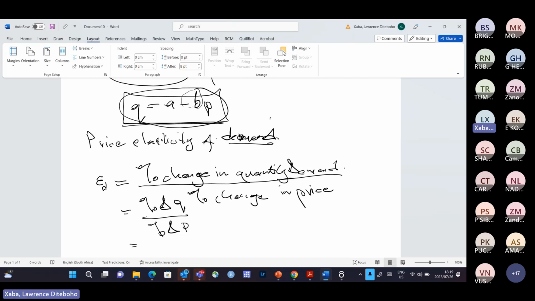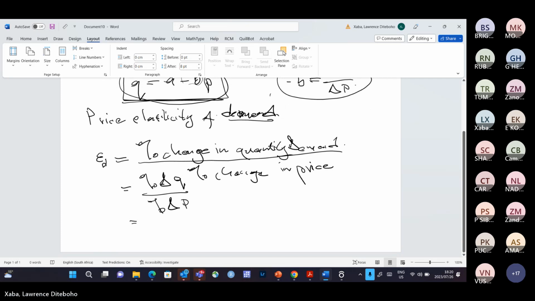Our slope is the change in Q over the change in P. I was just reminding you. So we continue. Our interest is up here, in the numerator: the change in Q.